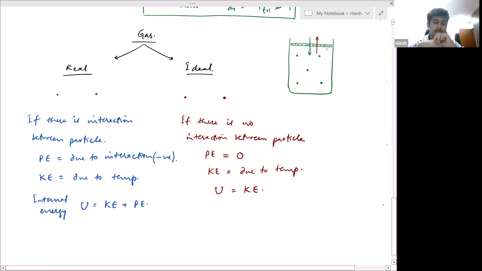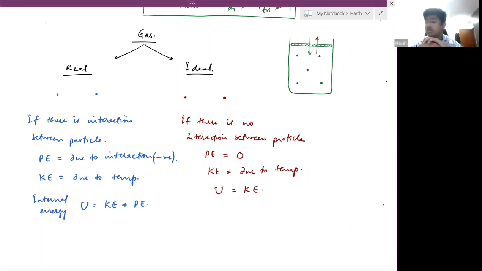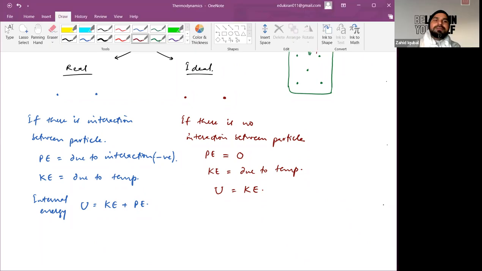In the second case, kinetic energy depends on temperature. So further, if you increase the temperature of this particular vessel, particles will tend to move randomly in different directions due to that thermal kinetic energy. So in that case also, interaction between them will decrease. So we are trying to decrease the interaction between these gaseous particles.